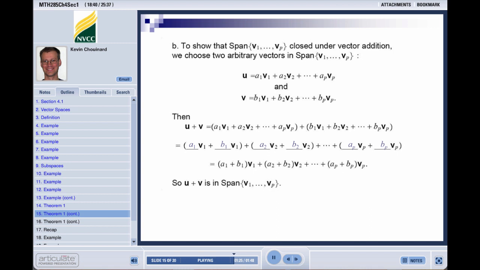You have a sub 2 plus b sub 2 as the coefficient on v sub 2. And you have coefficients for each vector that are real numbers. And so what we have is just a linear combination of v1 through vp, which means that this is an element from the span. But if it's an element from the span, then we have this closure under addition.